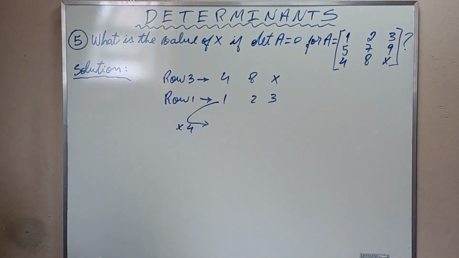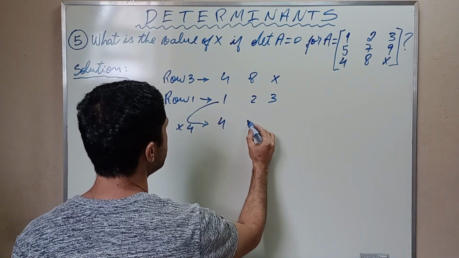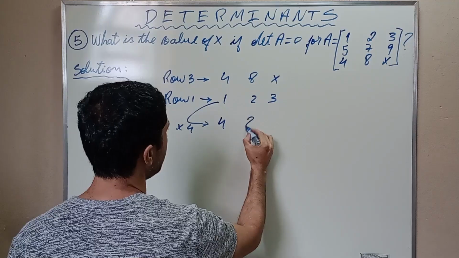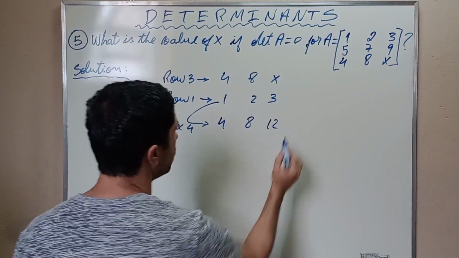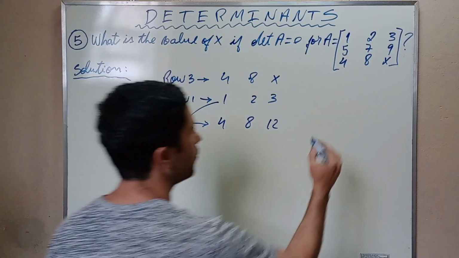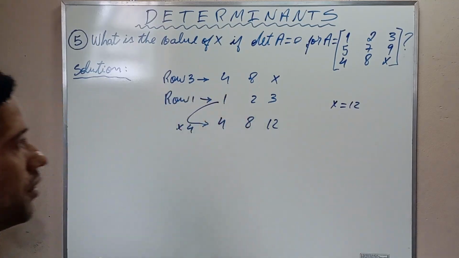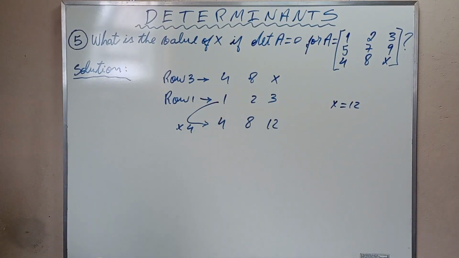If I multiply row 1 by 4, it is going to be 4. 4 times 2 is 8. 4 times 3 is 12. Okay? Then if x is equal to 12, then indeed the determinant of this matrix is equal to 0.